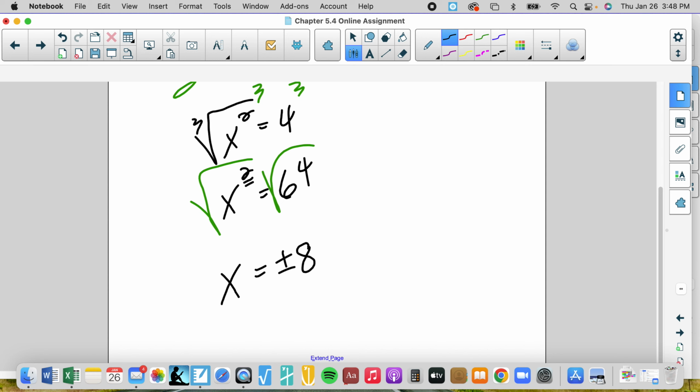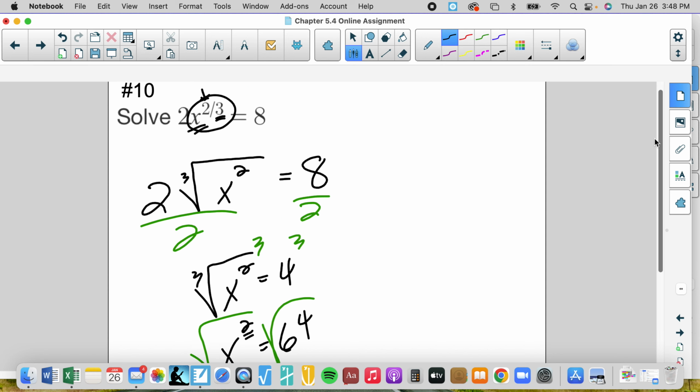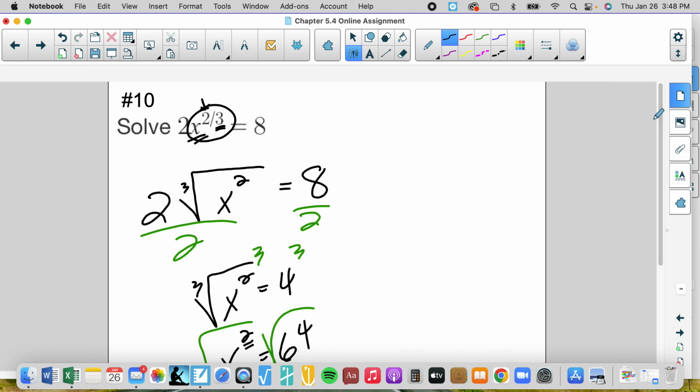So my solution in this problem, and let's check both of them, is going to be plus or minus 8. If we have 8 squared, that's 64.